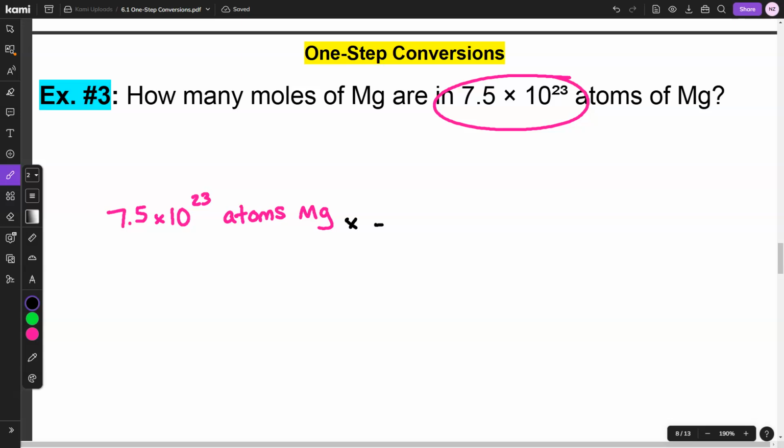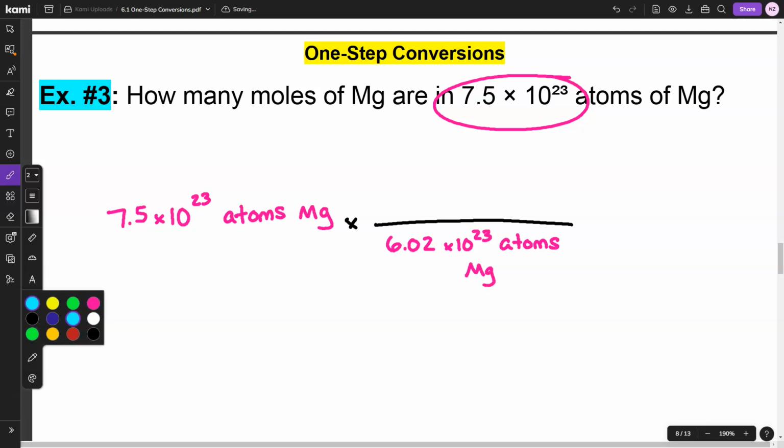So again, when we're converting between moles and particles, which in this case it's atoms, we're going to use Avogadro's number. So that's going to go in the denominator. So 6.02 times 10 to the 23 atoms of magnesium. That's how many atoms of magnesium are in 1 mole of magnesium.